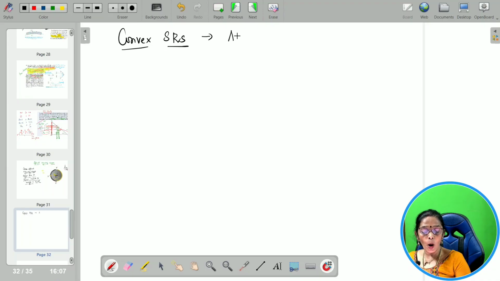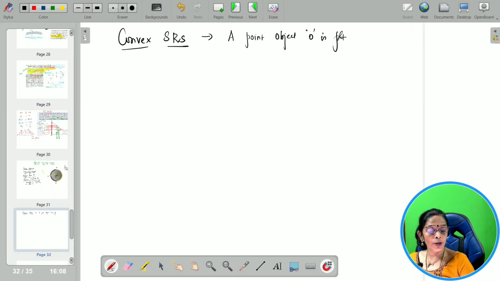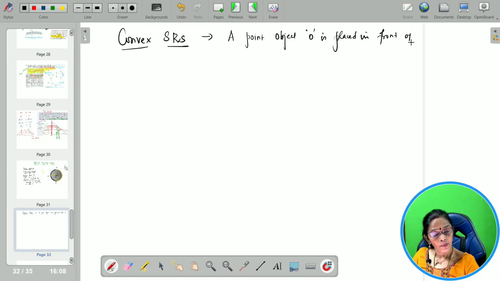A point object O is placed in front of a convex spherical refracting surface.